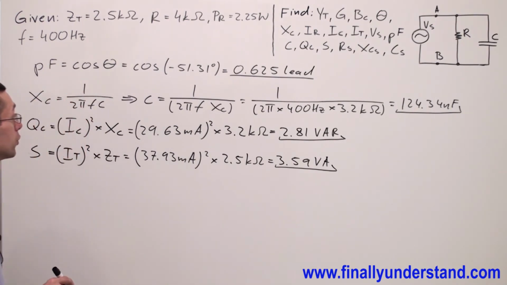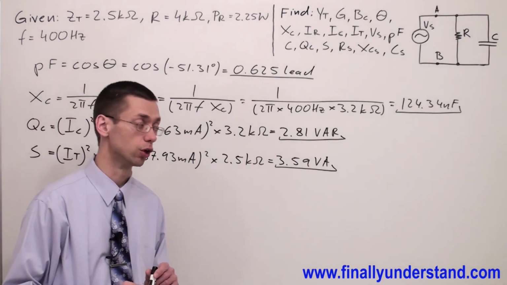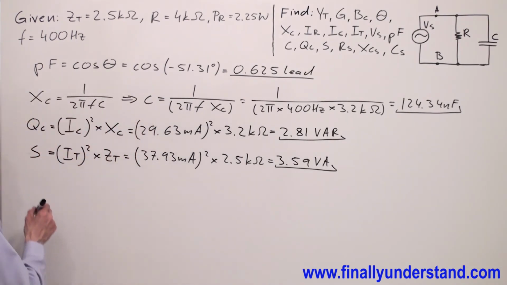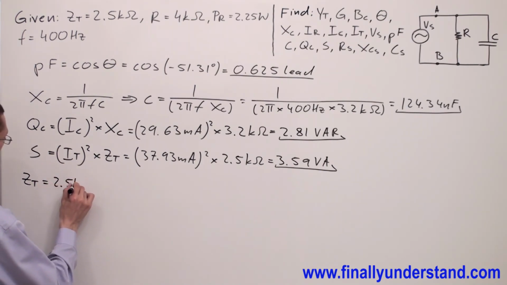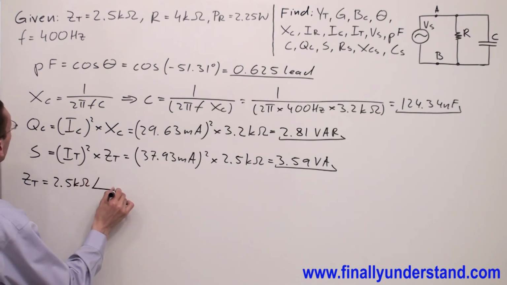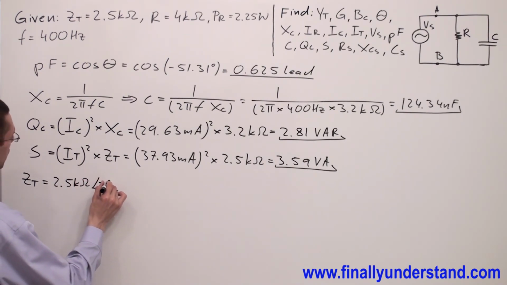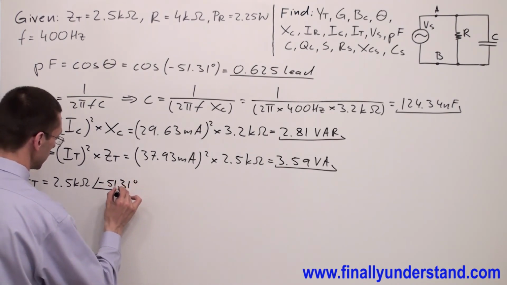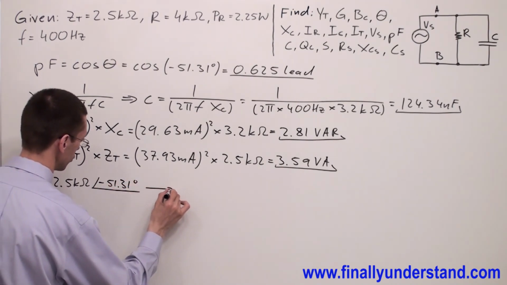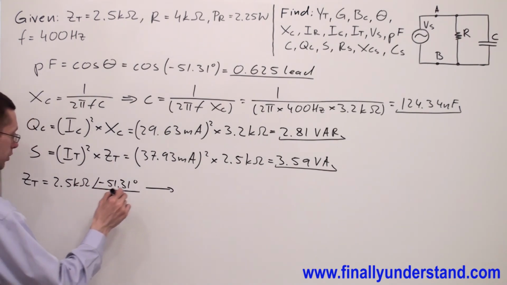Next, we're supposed to find the series equivalent circuit. In order to do so, we're supposed to write one more time the value of Z total. Z total is equal to 2.5 kiloohms and angle of negative 51.31 degrees. Next, you're supposed to convert the polar form to rectangular form.